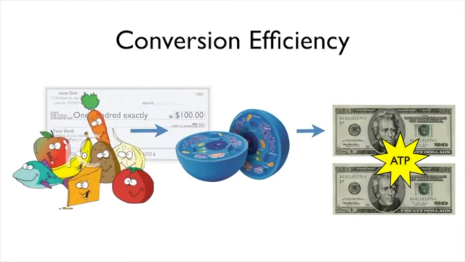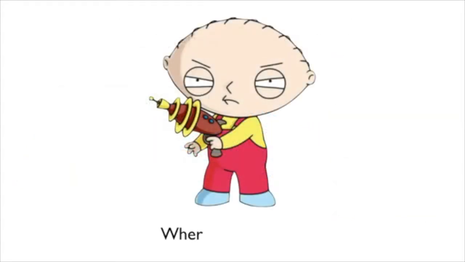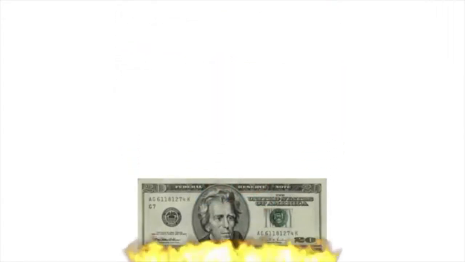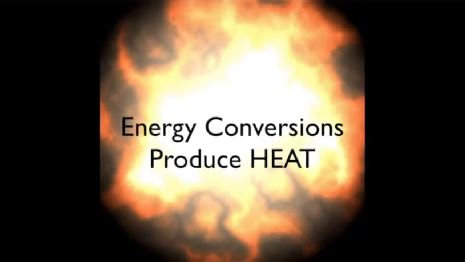So we're about 40% efficient at breaking down the energy from the food that we eat and converting it into ATP. Well, you might be wondering what happens to the rest of it, right? So you got about $60 left. That energy is lost as heat in the conversion process. When you convert energy, you produce heat as a waste product.